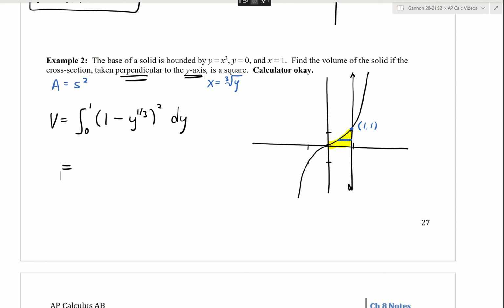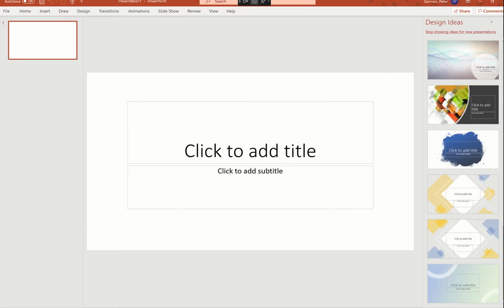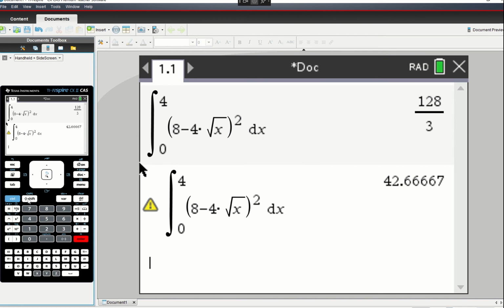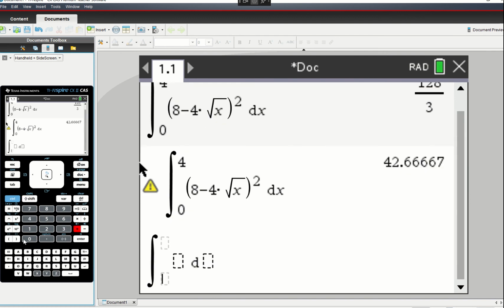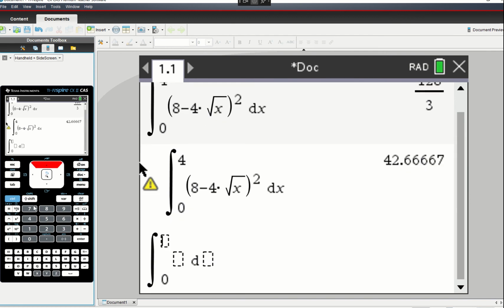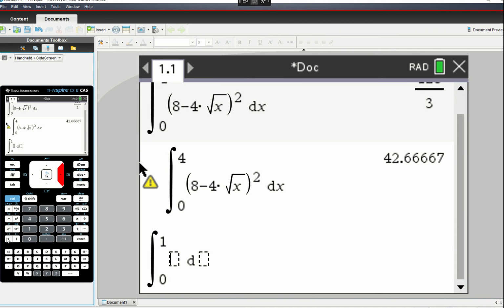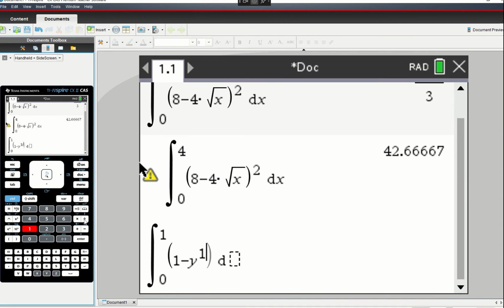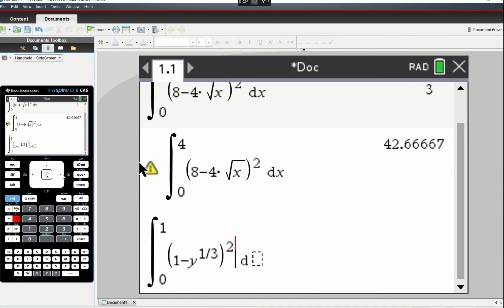So if we do that, let's take a look at what we got. Whoops, it's the wrong thing. All right, we're going to shift plus. We're doing the integral from 0 to 1, and then we had 1 minus y to the 1/3 power, and that is being squared.